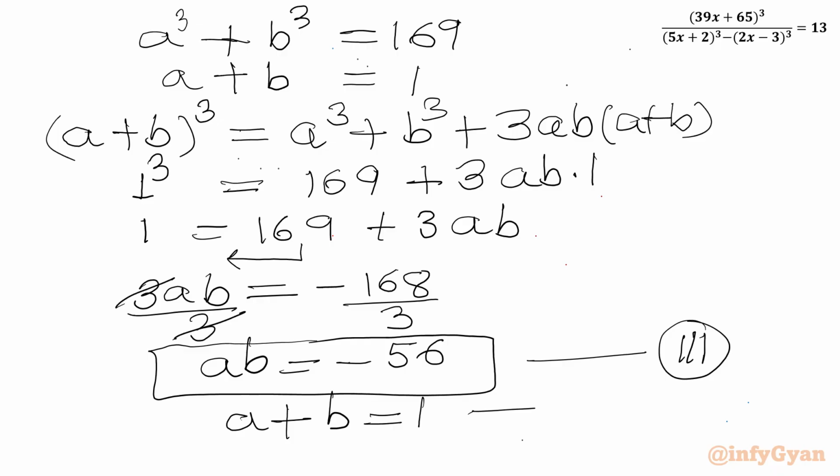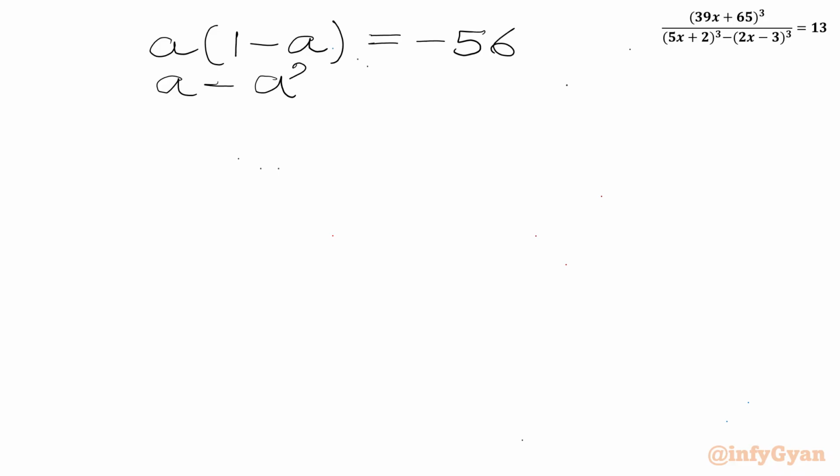So from here I can write the value of B. This will be 1 minus A, which we will apply here. So I can write our equation A times (1 minus A) equal to minus 56. Or A minus A square equal to minus 56. Or A square minus A minus 56 equal to 0.